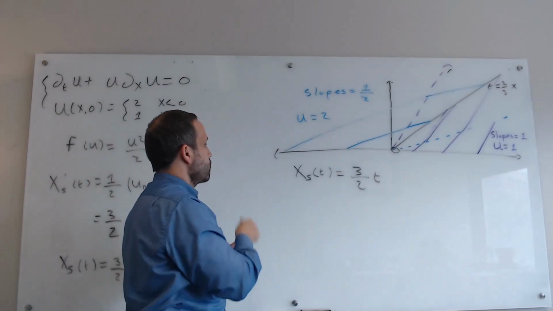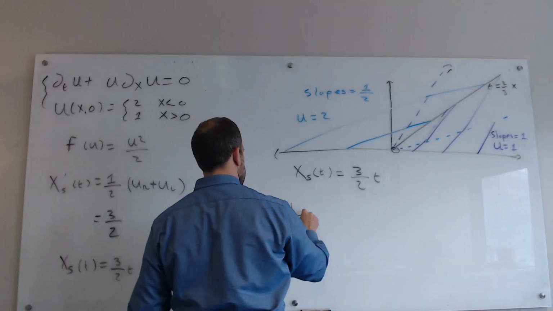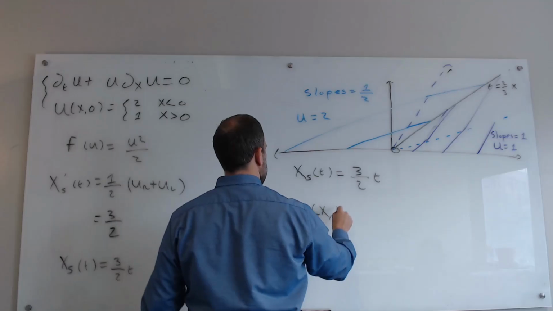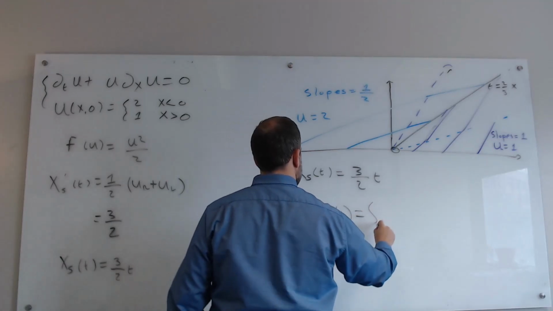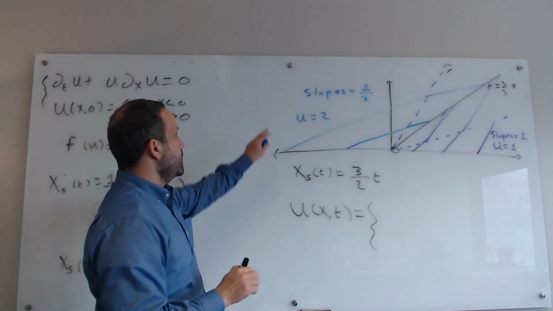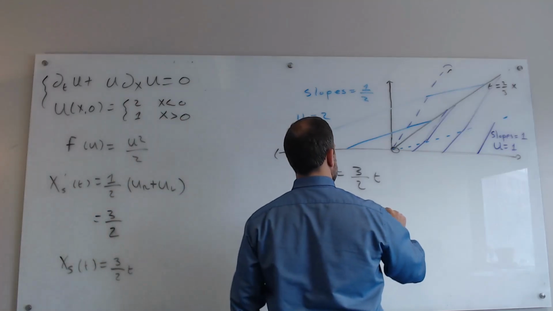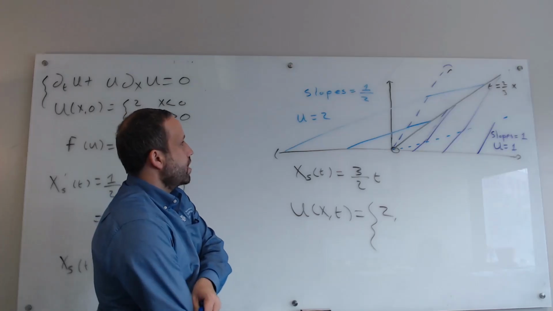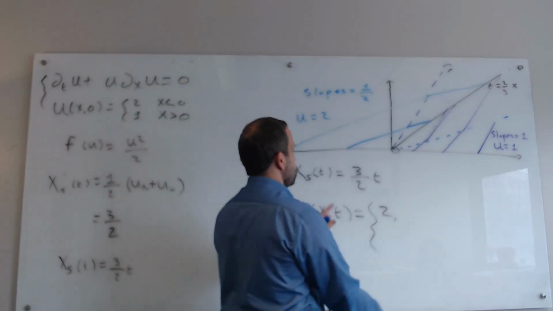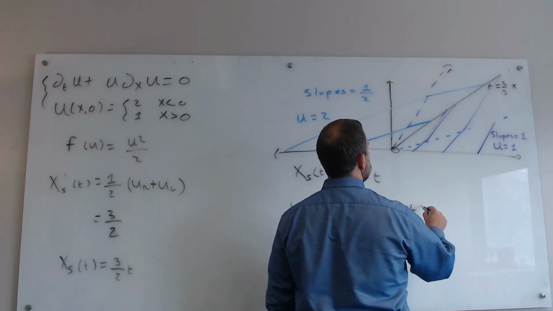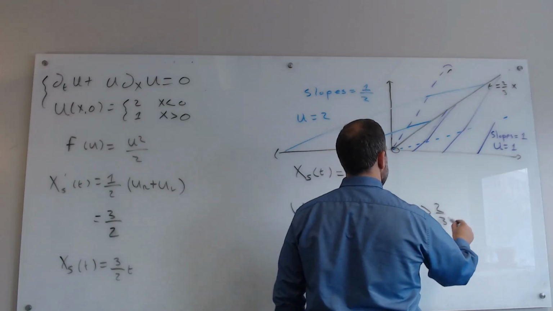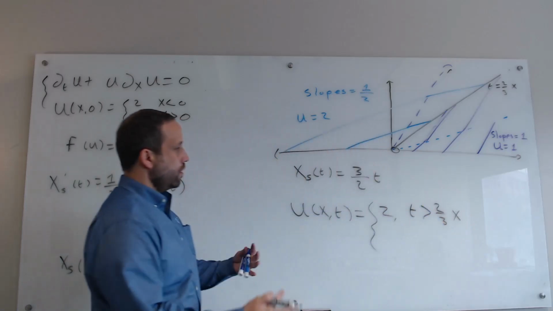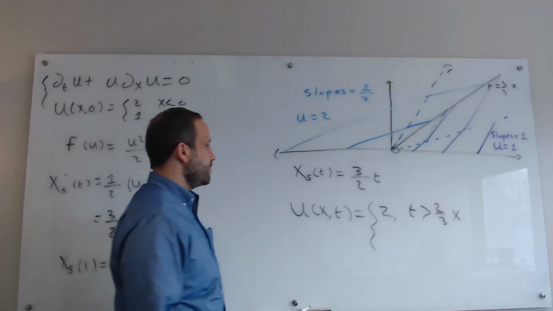Okay, and then we can write the solution in the following way. u of x,t is going to be 2 over here, for t greater than 2/3 x, or equivalently, x less than 3/2 t.